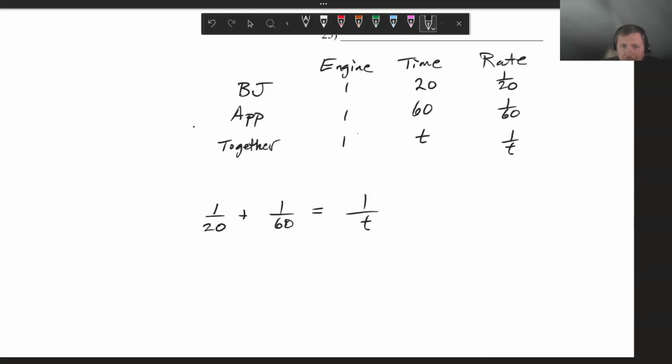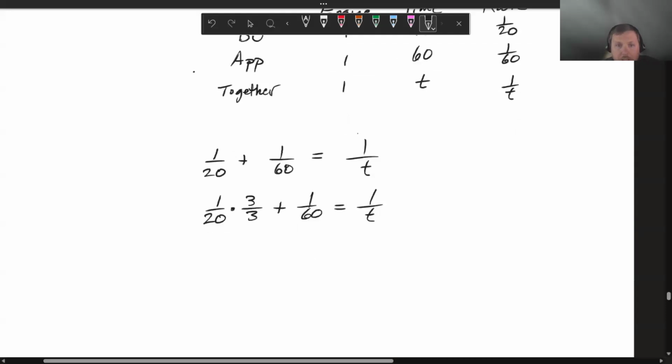I'm going to go ahead and just add the fraction on the left-hand side. I notice that there's a common denominator of 60. So I'm going to multiply the 20 by 3 over 3. So I have 3 over 60 plus 1 over 60 is equal to 1 over t.